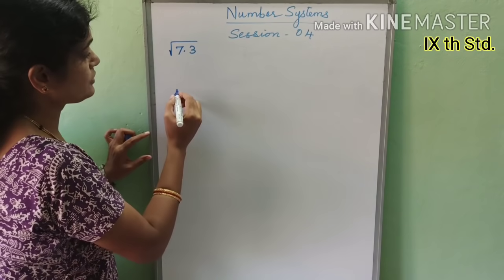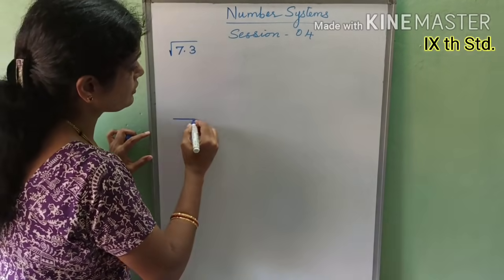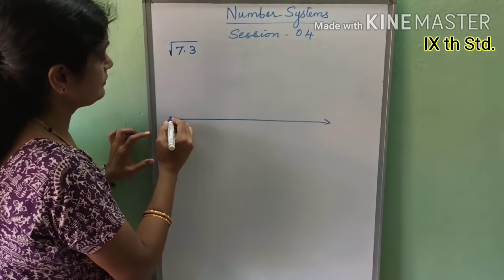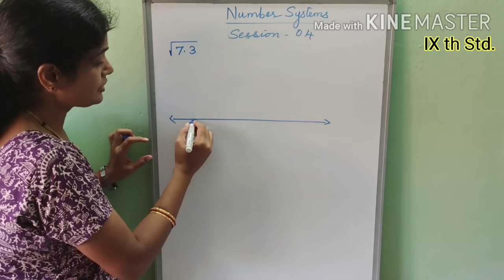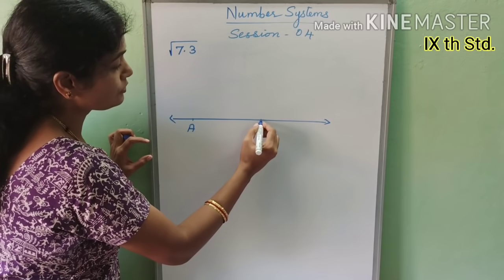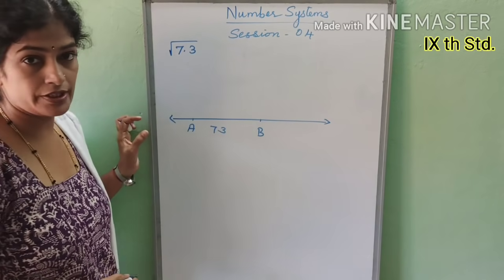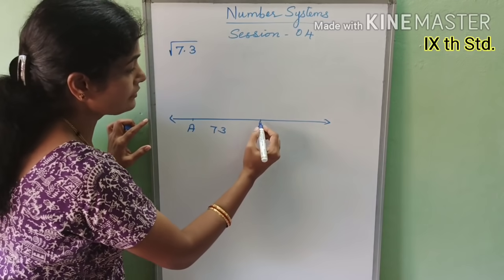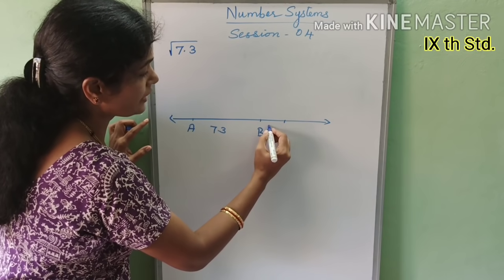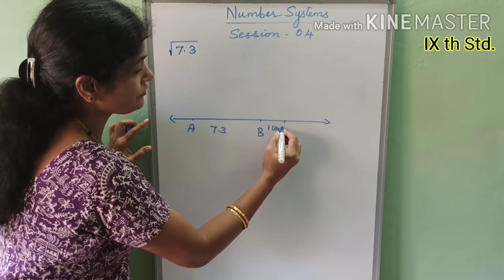Okay, so first what we are going to do is draw a line, mark point A to B as 7.3 units. Then from B to C we will take 1 unit.